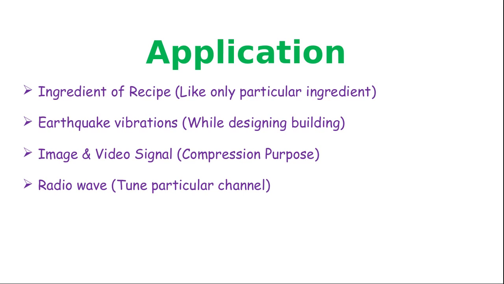All the radio signals of all frequencies keep coming, but we need to hear only the particular frequency channel. So if we apply the Fourier transform on top of the input signals that are coming, we can extract only the particular frequency range component and suppress all other frequency components. That's how the Fourier transform is useful for extracting the radio wave signal.